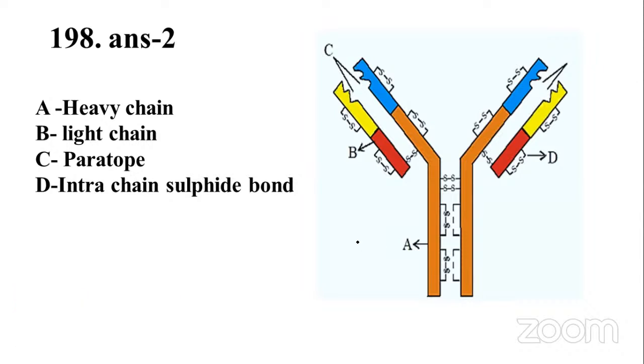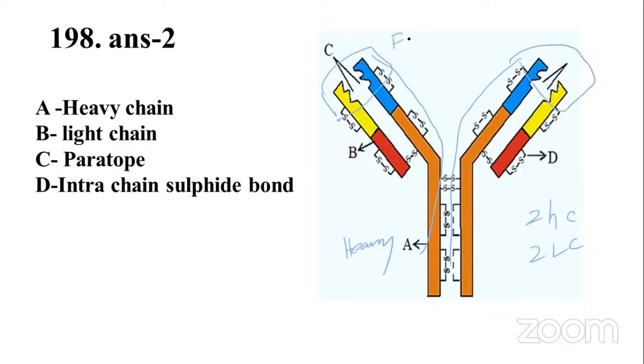So this is the heavy chain. This structure completely, this part is heavy chain. This part is also heavy chain. Two heavy chains, two light chains. Okay. B is also a light chain. Paratope, here the antigen binding site is there. That is called the Fab region, otherwise called paratope.